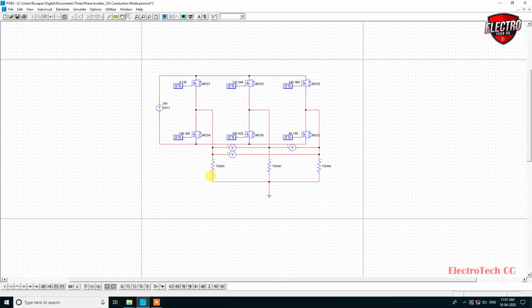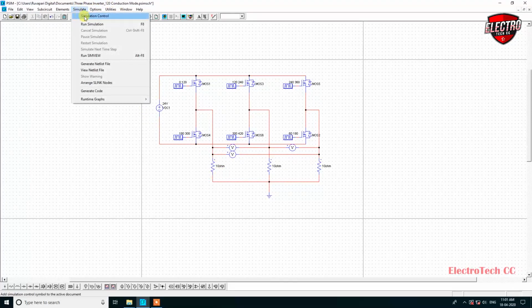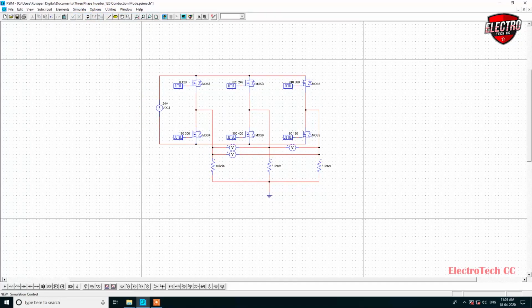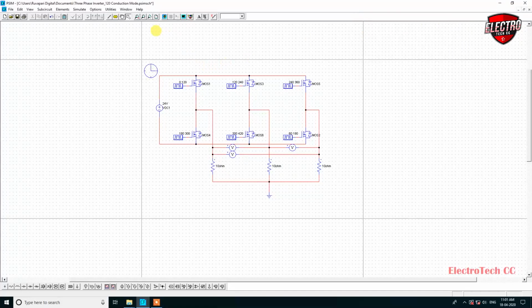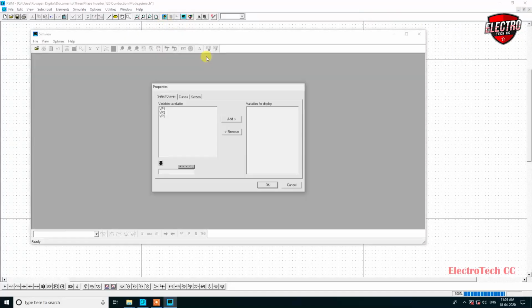To simulate this circuit, we need one simulation control, and I set the total simulation time to 0.5 second. Okay, it's ready, so let's run it.